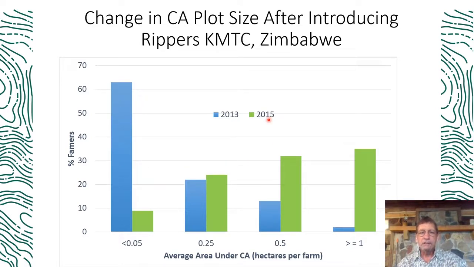But 2 years later, after having introduced ripping technology, they went from about 1% of their farmers farming more than 1 hectare of land to over 30% of their farmers farming more than a hectare with conservation agriculture.